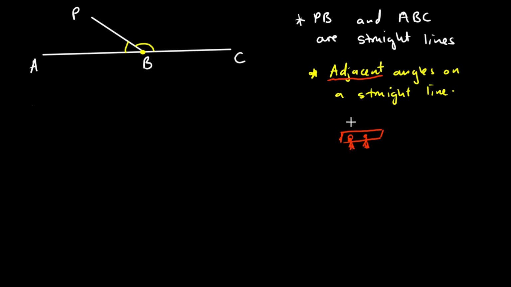But there is someone who is sitting on the other side of the table facing you. You are opposite to each other. We are going to talk about these ones later. But these two guys are adjacent. It means that they are next to each other. Being adjacent means next to each other.